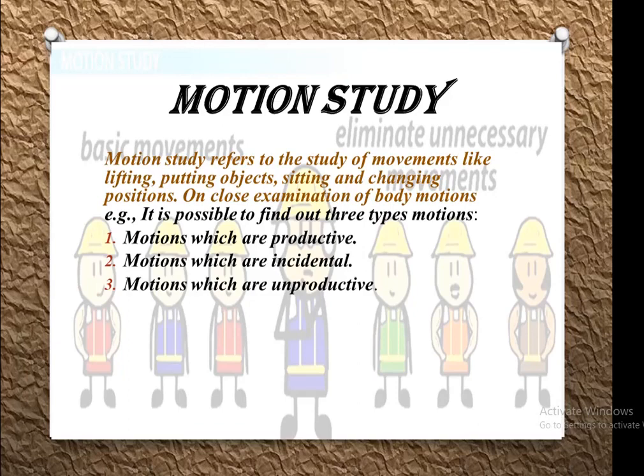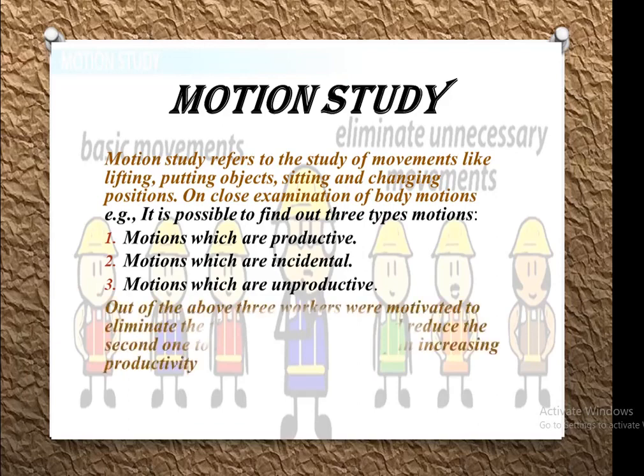The objectives of motion study are: first, to find out the movement of workers when they are performing the job; to differentiate between productive and unproductive movements, for cutting down unproductive and wasteful movements; to design suitable technique and equipments and tools to minimize the unproductive movements of workers.